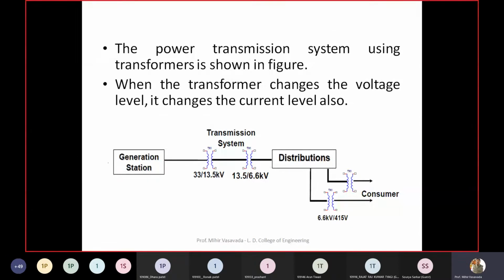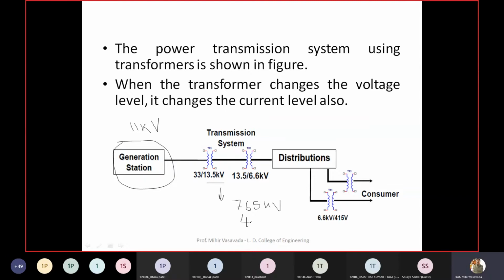You can tell this is the generating station where the voltage is generally generated at 11 kV, right? And then using the transmission system transformer, the power is transmitted at high voltage, right? And now these voltages are very high, say 765 kV, right?